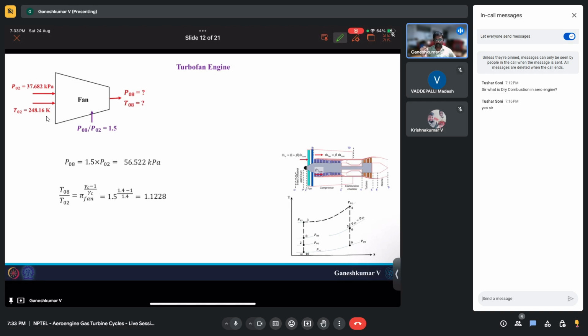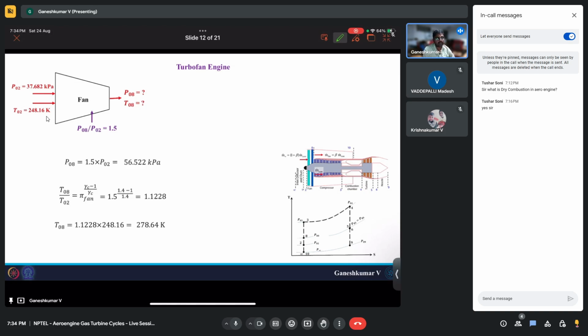Okay, and since we know T02, we can also find T08, and if you substitute these numbers, you will end up with something like 278.64. So the pressure and temperature with which the air leaves the fan is this much: P08 is 56.522 kilopascal, and T08 is 278.64 Kelvin.